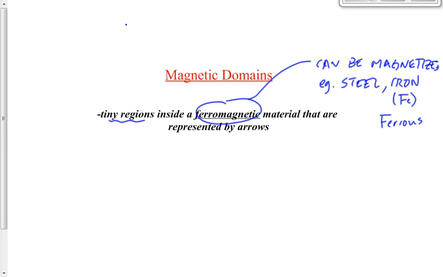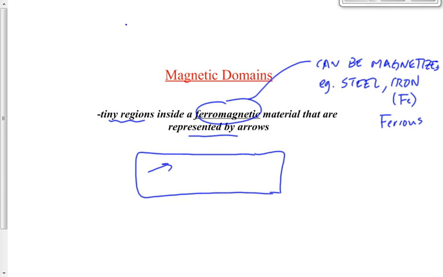Okay, so it's a tiny little region inside a ferromagnetic material that can become magnetized, and it's represented by arrows. Now, clearly, if we have a real ferromagnetic material, a piece of steel or a piece of iron or some other ferromagnetic material, we don't literally have these arrows inside it. If we look in a microscope, we're not going to see these little arrows floating around inside it. Rather, what we see is atoms and electrons spinning in certain ways, and commonalities between electrons spinning in certain ways.